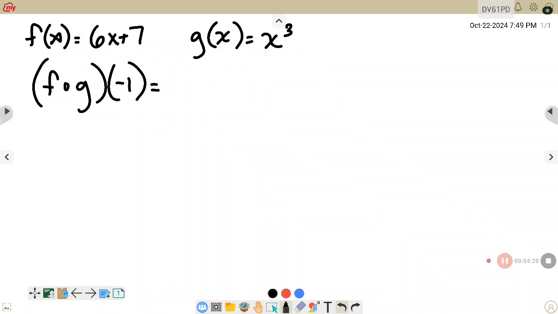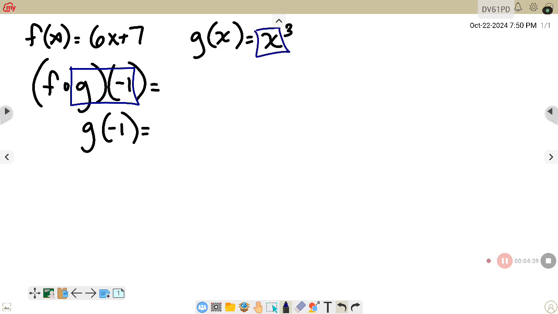All right, this next example, I'm doing the same thing. Given two functions, the first thing I'm going to find in this problem is g of negative 1, which tells me to go to my g function and replace its x with a negative 1. So I will have negative 1 to the third power, which just gives me negative 1. So I'm done with the first step.